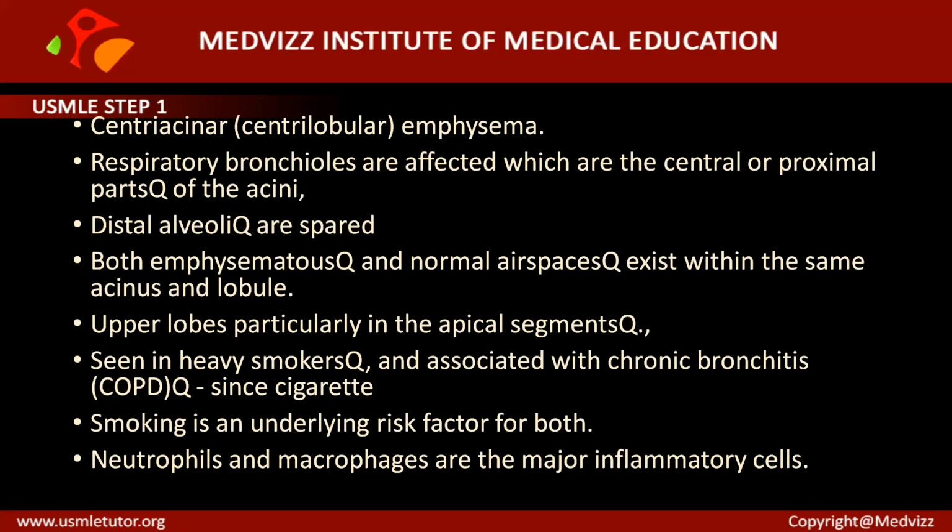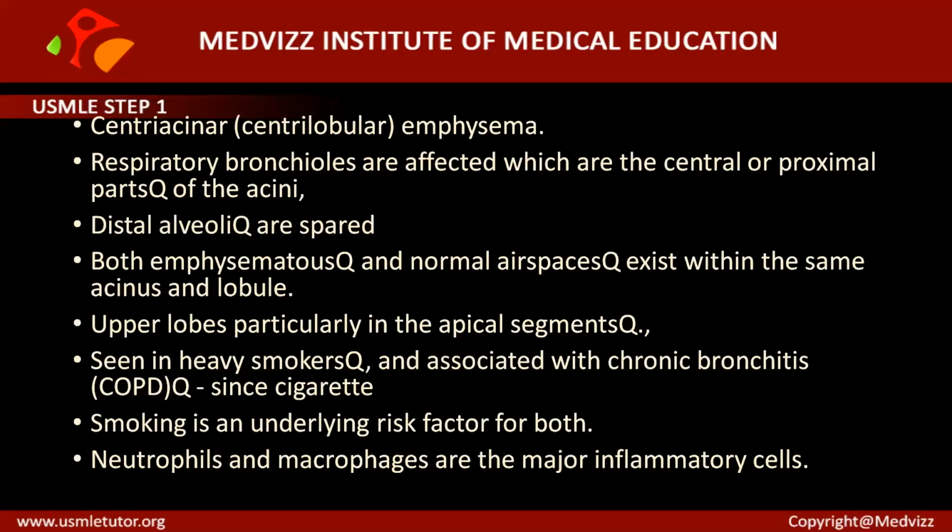Both exist within the same acinus as well as the lobule. Mainly in centriacinar emphysema, the upper lobes are particularly involved, mainly the apical segment of the upper lobes. Remember this point: in centriacinar emphysema, the apical segment of the upper lobes is particularly involved.